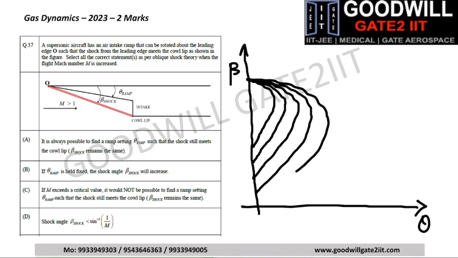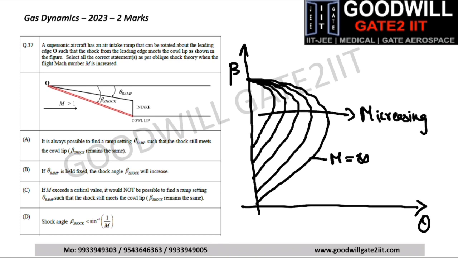As the curves progress, the Mach number keeps on increasing. So if we consider this to be Mach number equal to infinity, and this would be roughly around Mach number equal to 1.1. Here we can see that this theta would approximately correspond to around 45 degrees.